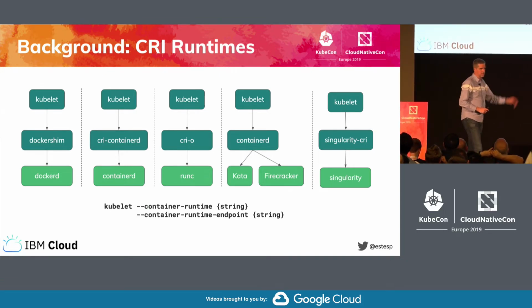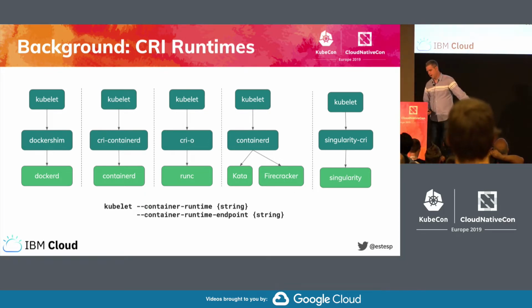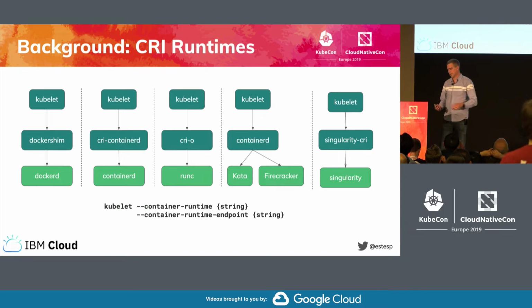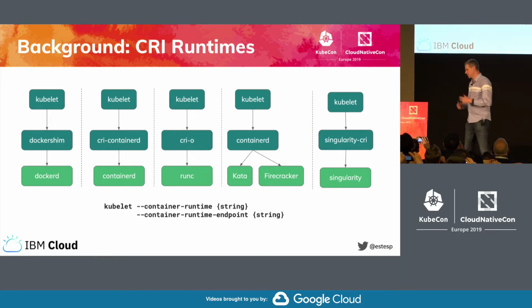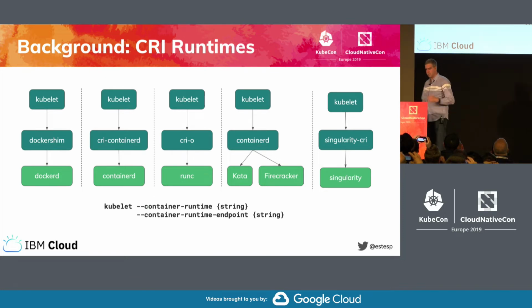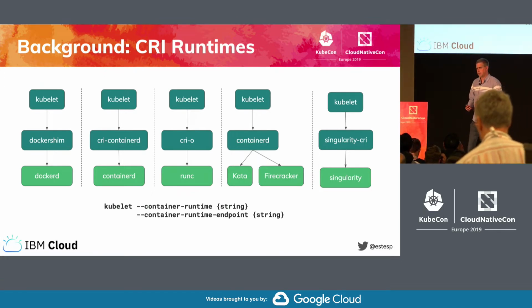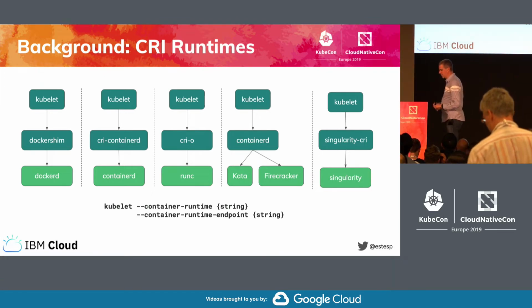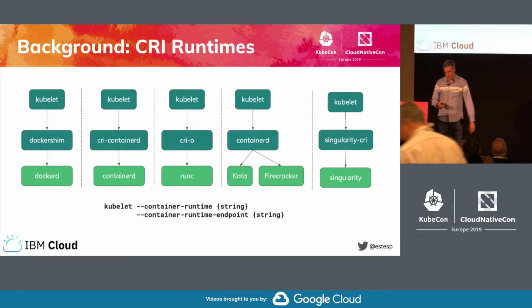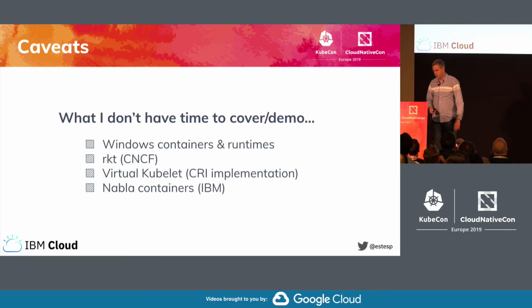But this is the suite of runtimes that we'll look at today, all the way from Docker through containerd, CRI-O, and then what a lot of people call the sandbox VMs, or sandbox concepts, which includes VMMs and gVisor and others. And then at the very end, we'll talk about Singularity, which is a high-performance computing academic runtime, which also has a CRI now, and we'll look at that briefly as well.